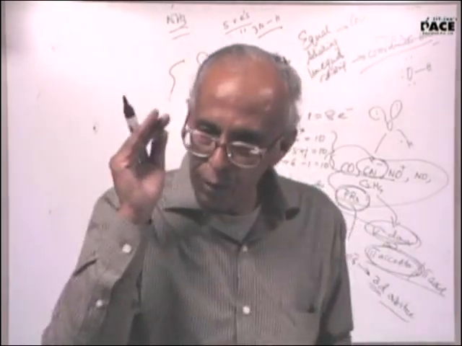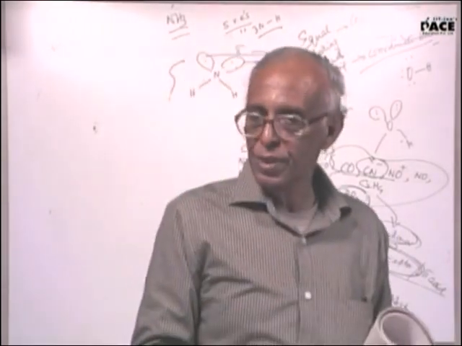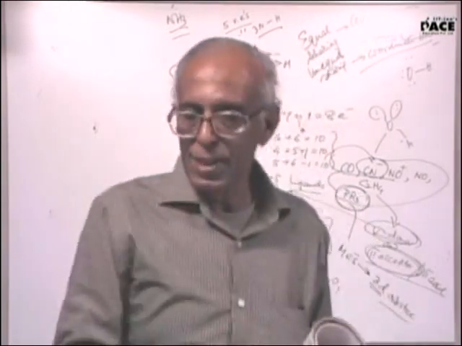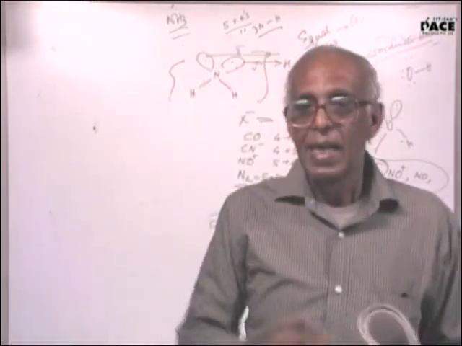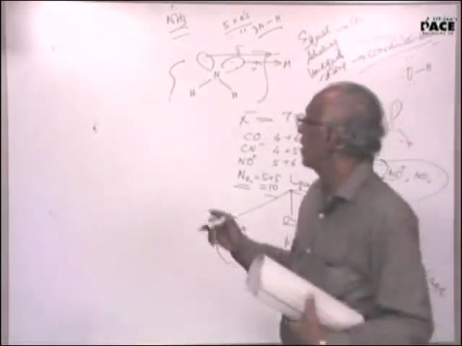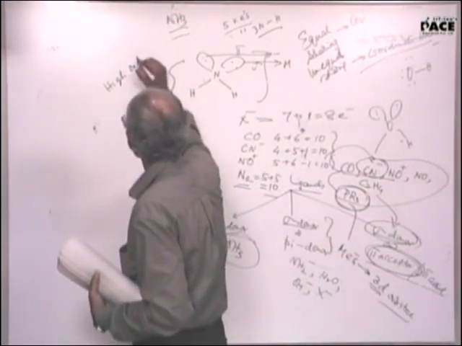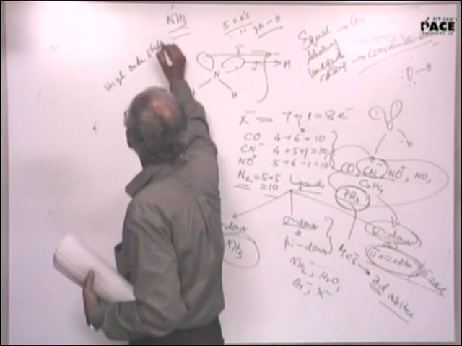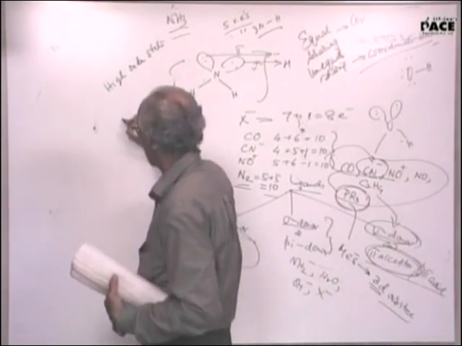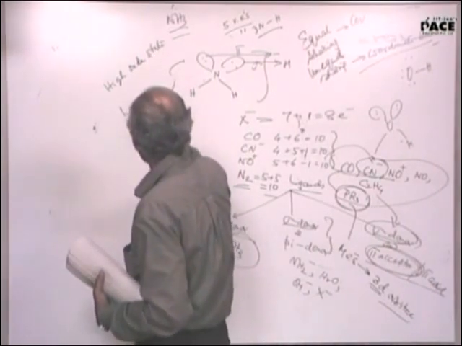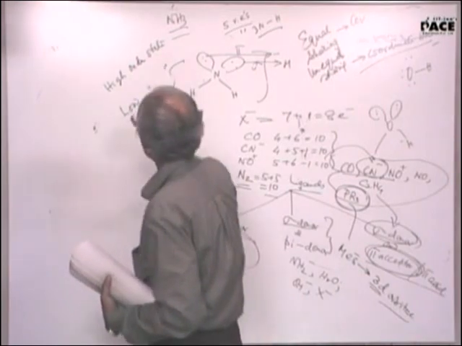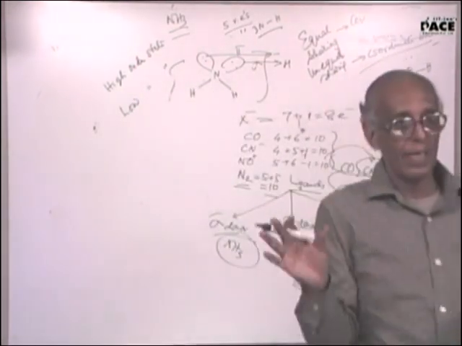So it is electron rich. Because it is electron rich, it can stabilize the metal in high oxidation state. It also stabilizes metal in low oxidation state. It shows a dual behavior.